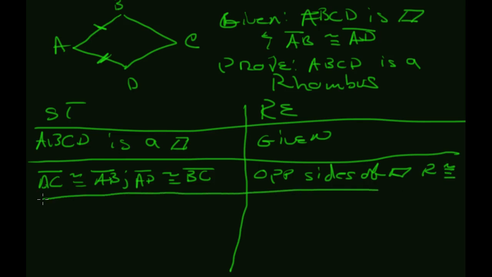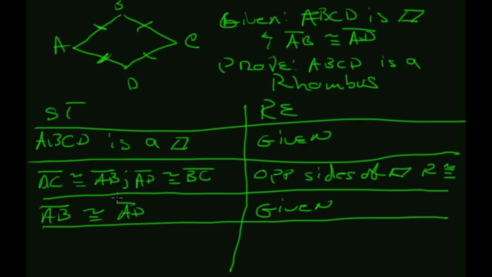All right. So I now have the opposite sides congruent. Now it should be trivially obvious at this point that I in fact have a rhombus, but we have to make a couple more statements here to get it in the proof. AB is congruent to AD, that's given. And finally, AB is congruent to BC, is congruent to DC, is congruent to AD, because this is using the transitive property with both this statement and this more than once.